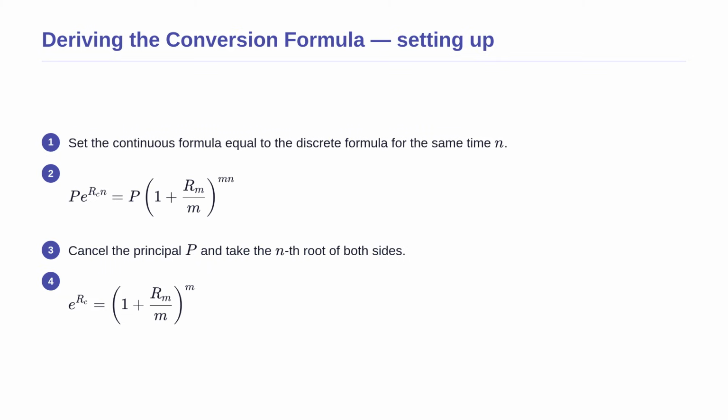This means we can mathematically cancel out the principal P. Then, by taking the nth root of both sides, we eliminate the variable n entirely. This leaves us with a simplified equation stating that the growth factor for 1 year of continuous compounding is exactly equal to the growth factor for 1 year of discrete compounding.